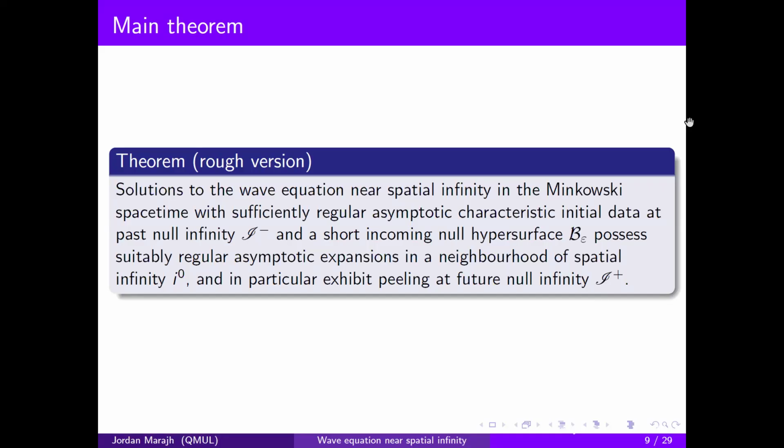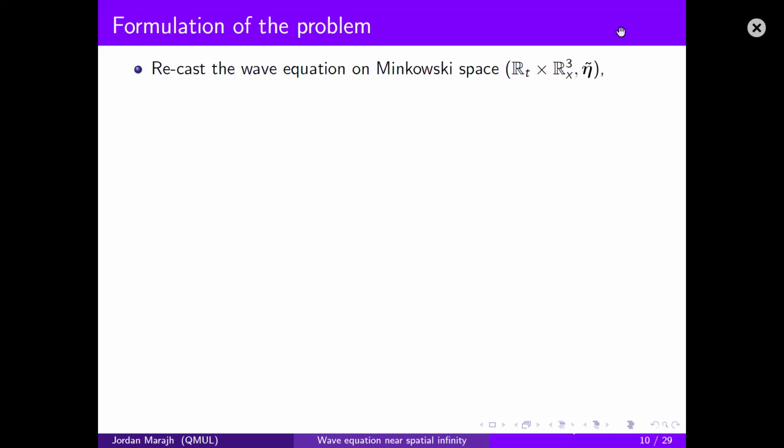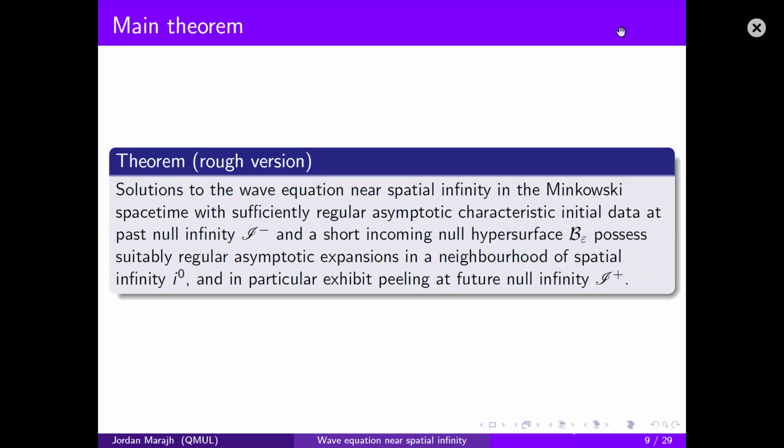And what you can show is that there's a solution in the development, and in particular, at future null infinity, which has suitably regular asymptotics in a neighborhood of spatial infinity. Now, the point is that I'm being very vague here about what it means to be sufficiently regular and suitably regular. This is something we'll pin down a bit more later. But in particular, I want to say that we're talking about nice solutions in a sense slightly different to this polyhomogeneous stuff.